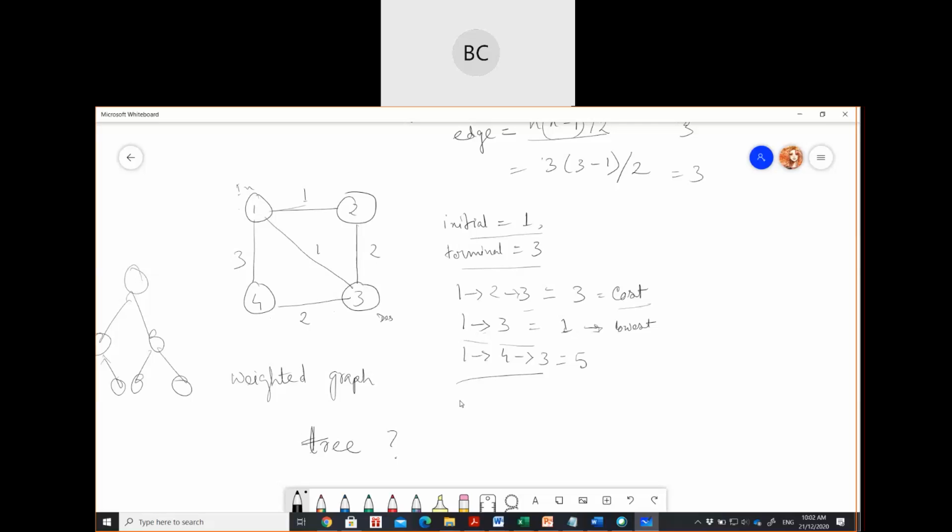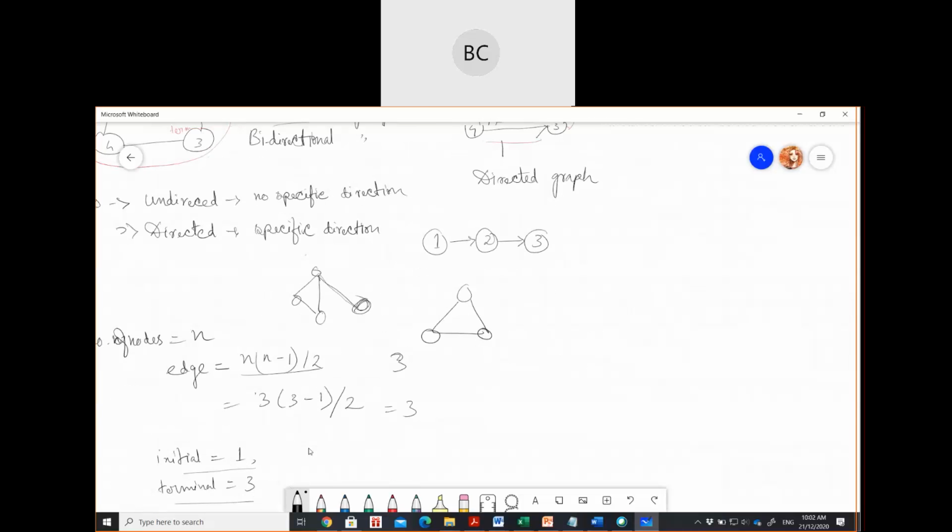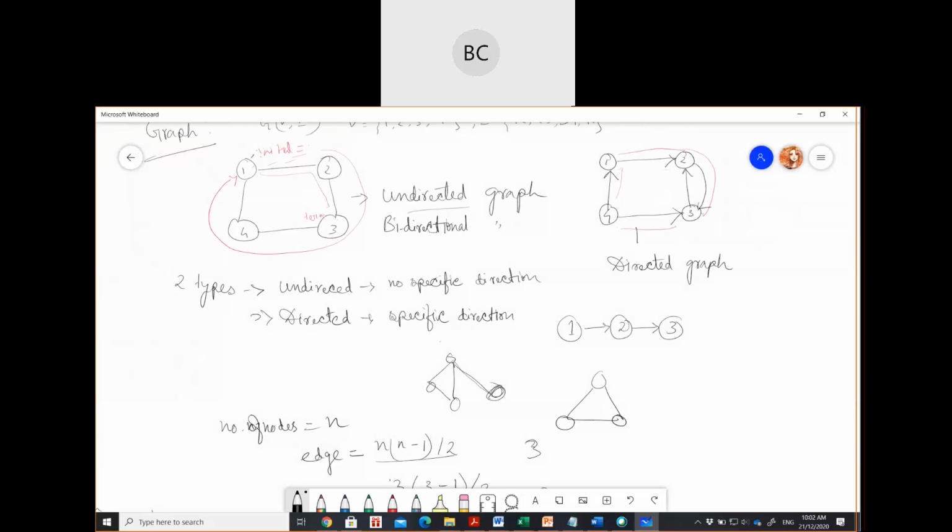Why adjacent nodes? Because there is an edge from 1 to 2, 1 to 3, and 1 to 4. Okay, and in this graph, from 1, 2 and 4 are the adjacent nodes. Why? Because there is an edge from 1 to 2 and 1 to 4, but there is no edge from 1 to 3. Therefore, for 1, adjacent nodes are 2 and 4.